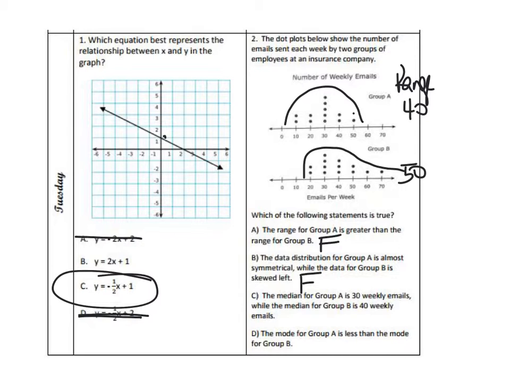Okay, letter C. The median for group A is 30 weekly emails, while the median for group B is 40 weekly emails. So let's look for the median. Now the median is what? The middle number. So you have 2 here, 2 there, 2 here, 2 there, then 2 and 2.